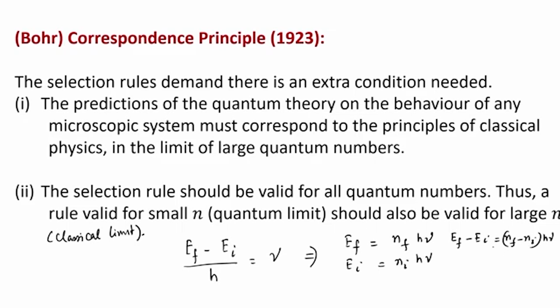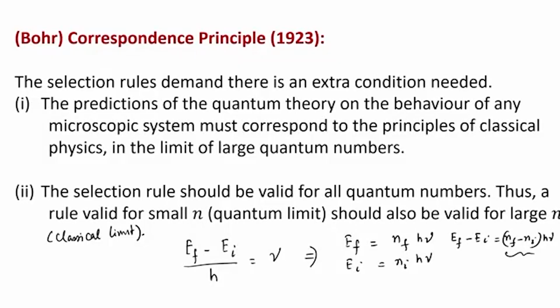And so, it is very clear that if one photon is emitted in going from a higher level to a lower level, or a photon is absorbed in making a transition from a lower level to the upper level, this has to be equal to 1. So, NF minus NI has to be 1, because that is the energy of one photon with frequency nu.